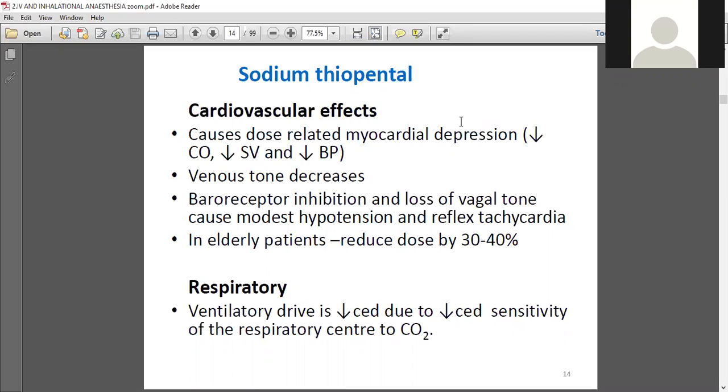In elderly patients, you reduce the dose by 30 to 40%, I think because they can't metabolize it, so it can cause severe effects. You can't give it in patients who already have cardiac problems.